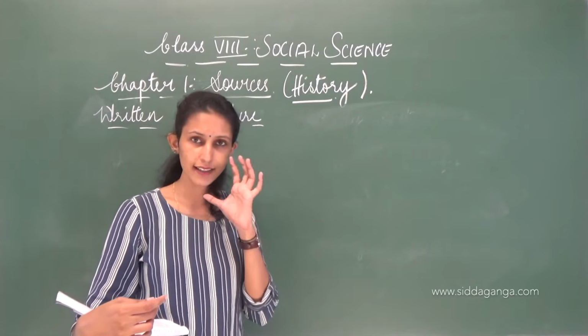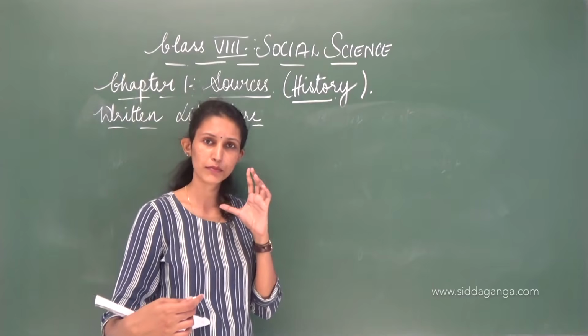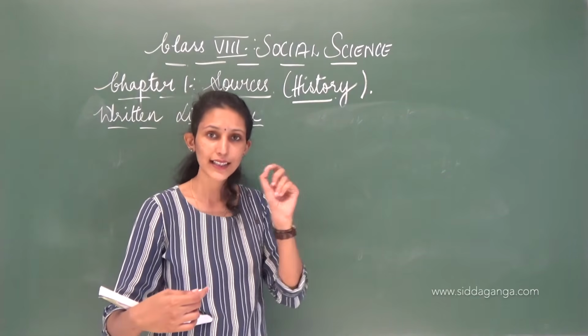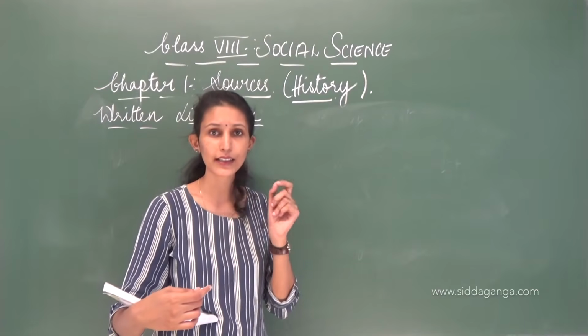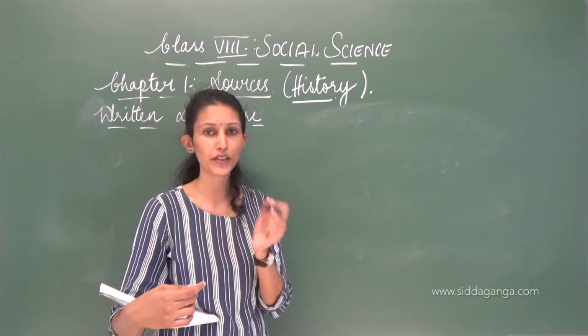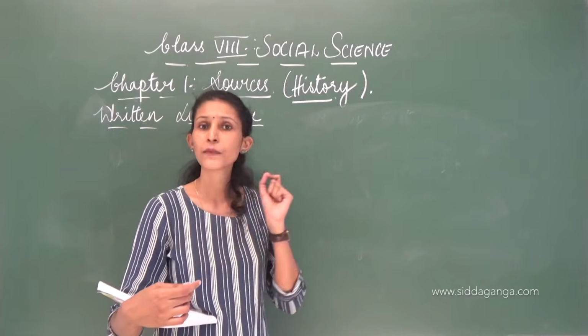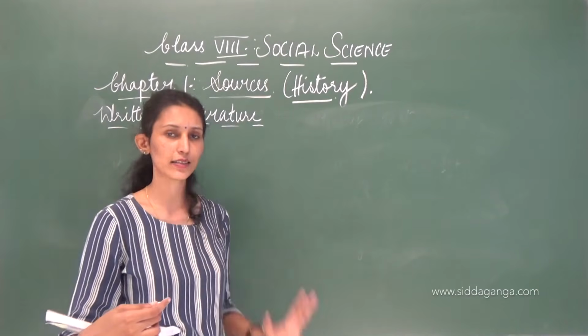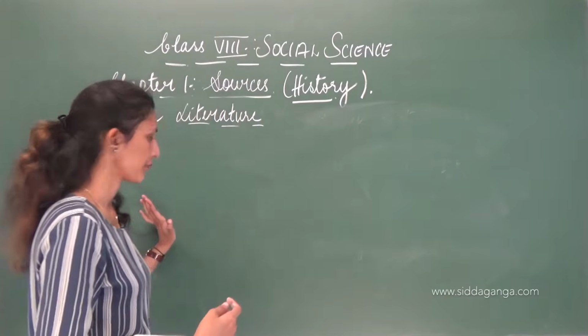Even your ticket, have you seen your ticket, any ticket, railway ticket or whatever ticket it is, text that is being written down, at least they will write from where to where you have to go, what is your destination. That also forms a part of literature. Any text that is written is a part of literature.